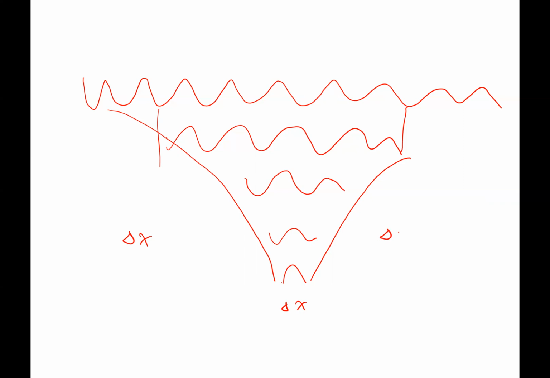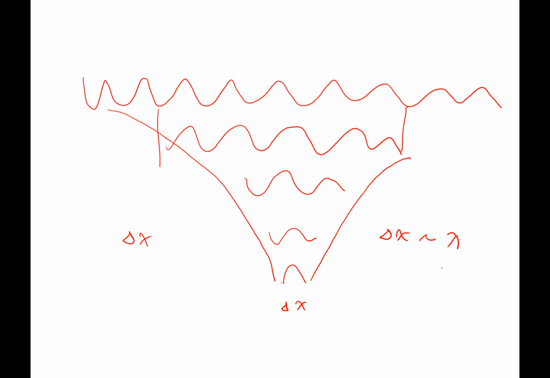So eventually, when delta x becomes comparable to the wavelength, then in this case, your momentum, remember, when it is well defined, the momentum basically is hk, right?